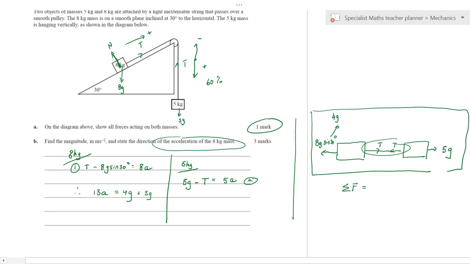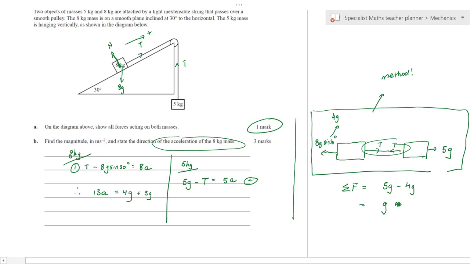The net force is equal to 5G down, and minus 4G pulling to the left, if I was to consider this as just in a vertical. So in actual fact, G is going to be the net force, and that means that the direction of motion is down, and that was the problem. I think that would be the problem for this one. This method could be used, okay? This method could be used.